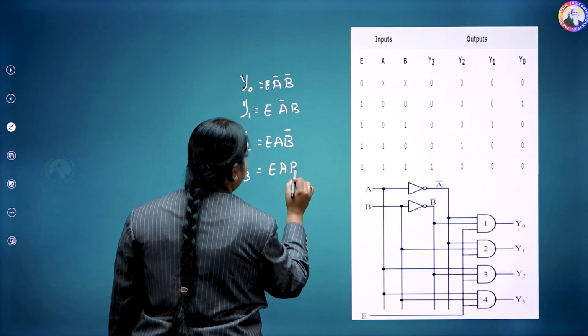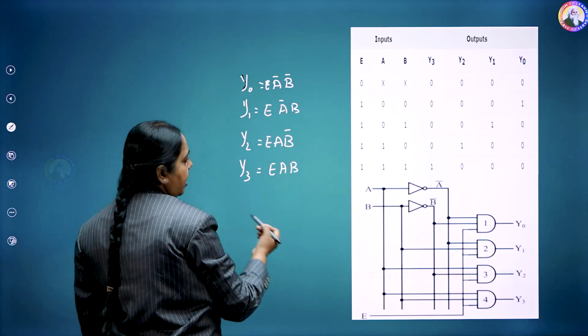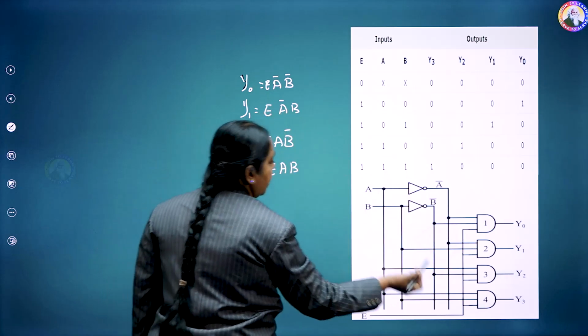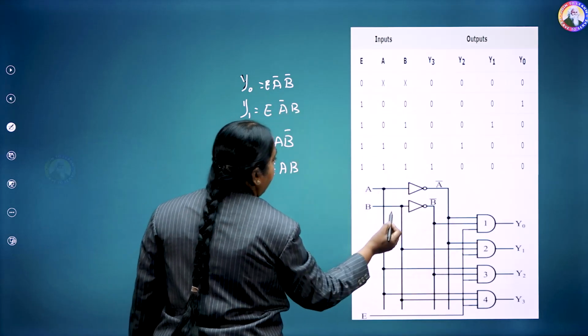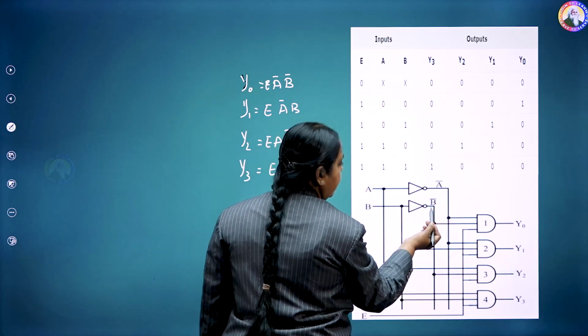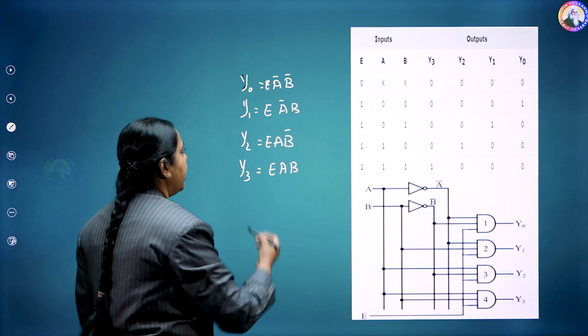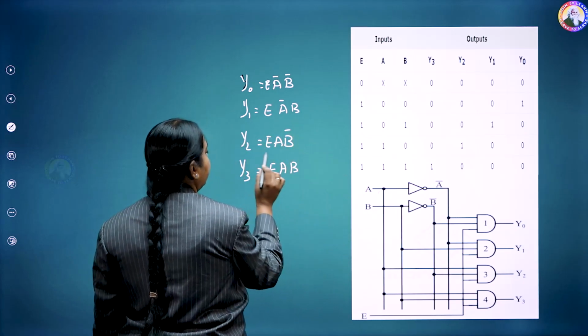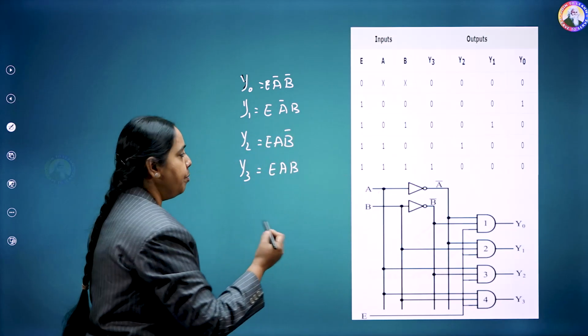So how many AND gates have I taken? 4 AND gates. Y0 is equal to E, A bar, B bar, so this is the A bar line and this is the B bar line. Similarly, Y1 is equal to E, A bar, B. Y2 is equal to E, A, B bar.